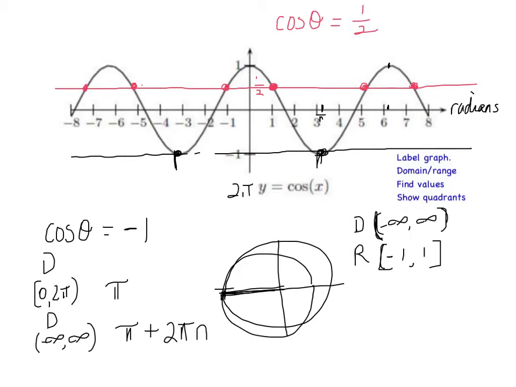It's going to be in 2 quadrants. Do you see? This is where the cosine is positive 1/2, which will be in what 2 quadrants? Cosine is positive in the first and fourth quadrant.